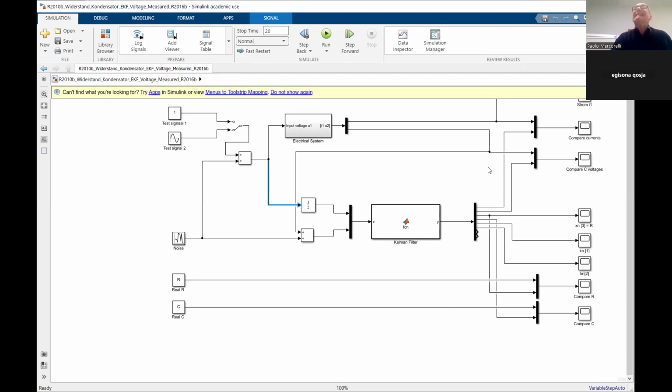We measure one output, could be the current, could be the voltage. In our application, we are considering the voltage. Of course, the sensor may make mistakes.